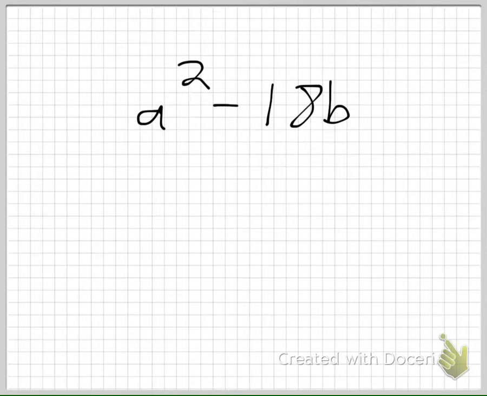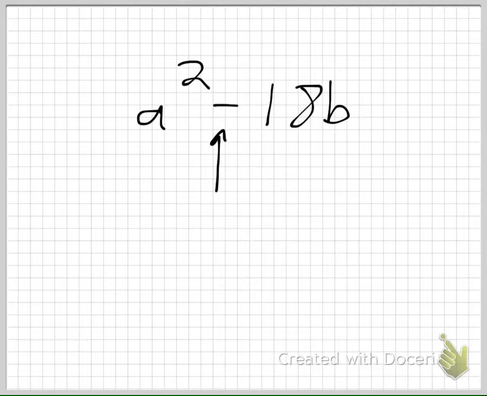Read it to me, Sladen. The difference of 8 to the second power and 18b. That's right. That's actually right. That's good. He said the difference of. What's that mean? The difference of, isn't that dealing with that subtraction right there? The difference of 8 to the second power and 18 times b.